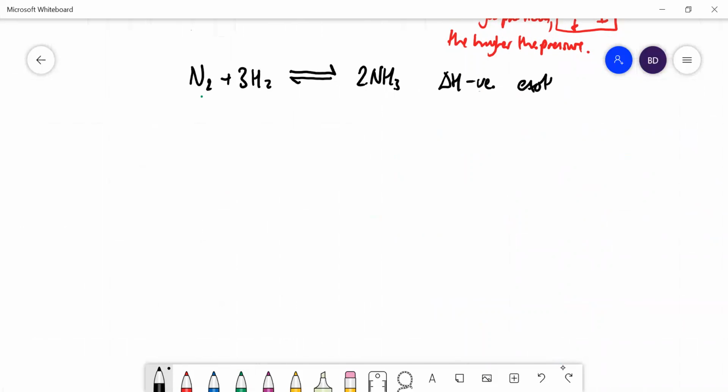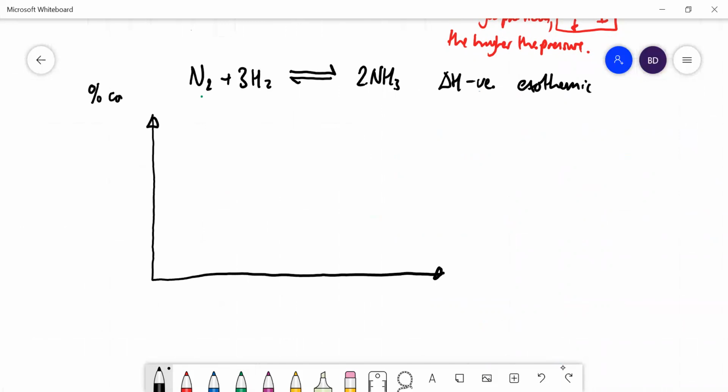And if I draw my little graph that we had in the last video, this is the percentage of the nitrogen and hydrogen converted to ammonia, and this is time.